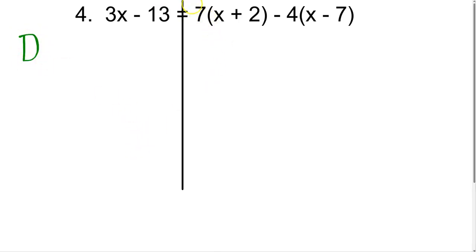This time we have distributive property. We have 2 places where we're going to distribute on the same side. And right here, when you're distributing, you notice how that's a minus 4 times x minus 7. You need to make sure that you are distributing that negative 4.